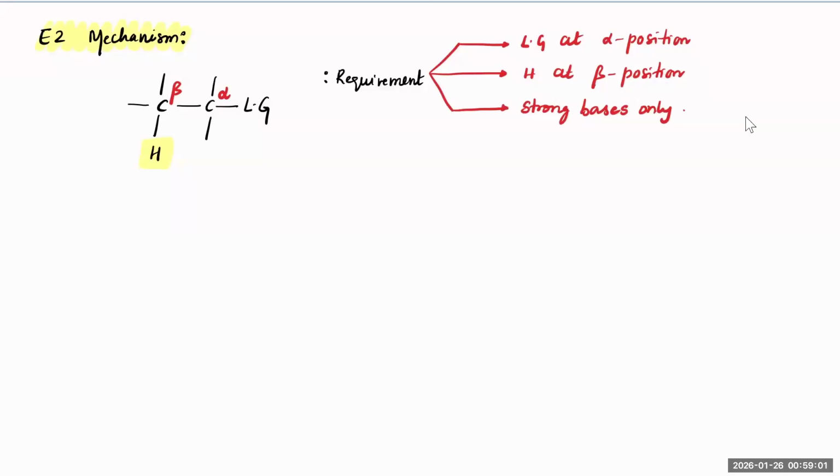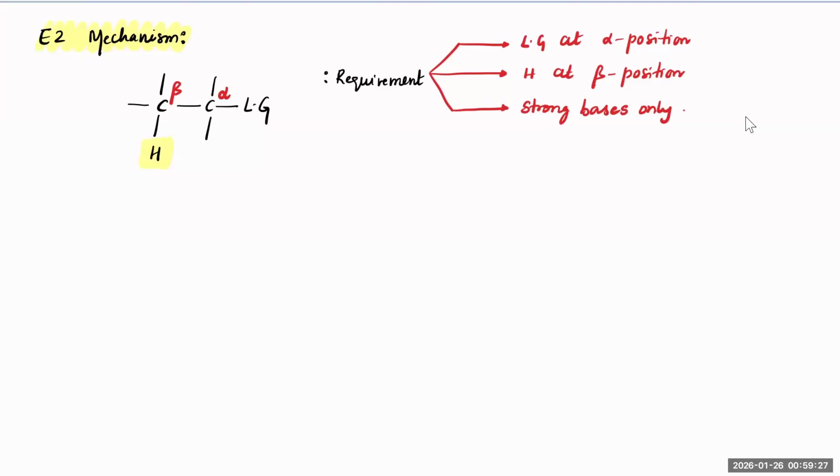If there is no hydrogen, then E2 type of elimination is not observed at all. Correct? For E2 elimination to be observed, there must always be a beta hydrogen. Then there must be a strong base to enable the E2 mechanism. A weak base does not usually offer the E2 mechanism.